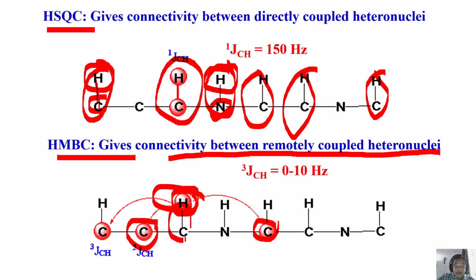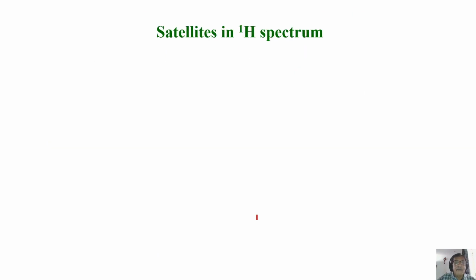We can do an experiment to suppress this type of correlation. In a long range correlation experiment like HMBC, you can suppress directly bonded carbon proton correlation peaks and detect only the long range ones. This is the HMBC experiment, where you get long range correlation, and remotely bonded carbon proton correlations can be obtained.